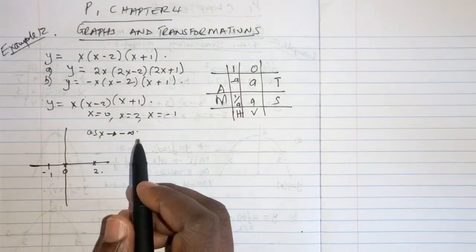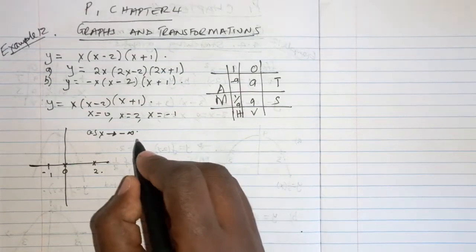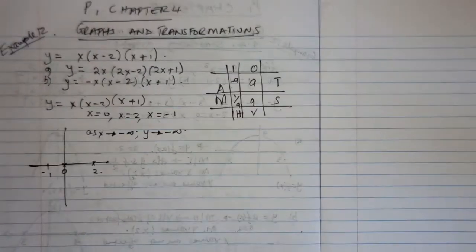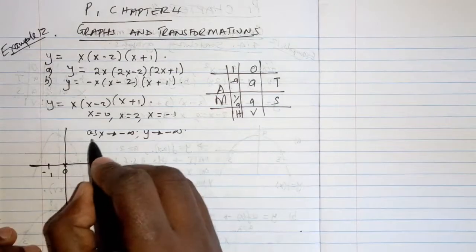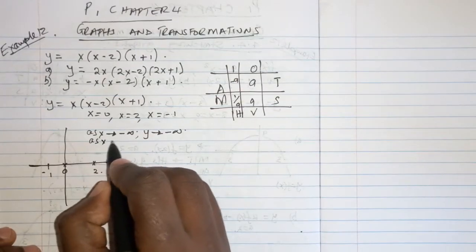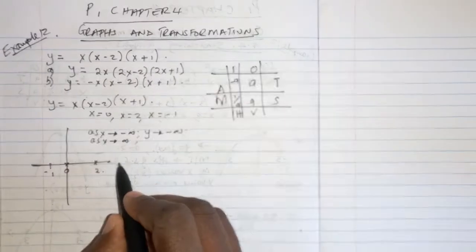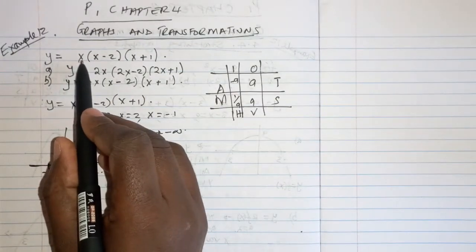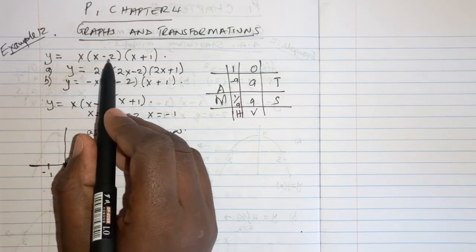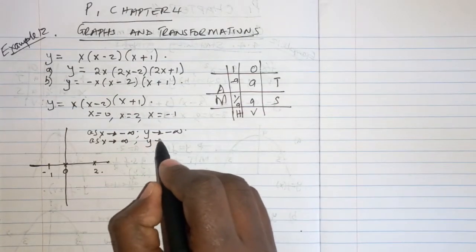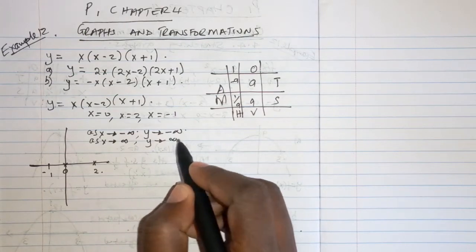So as x tends to negative infinity, y tends to negative infinity. And as x tends to positive infinity, let's take 3. This is 3 positive, 3 minus 2 positive, 3 plus 1 positive. So again, y tends to infinity.